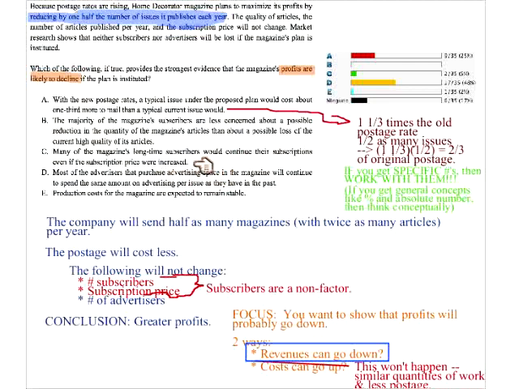So a couple of you selected this, but notice that this is not the plan. We're only talking about what happens if the plan is implemented. So answer choices that don't talk about the plan are not relevant.